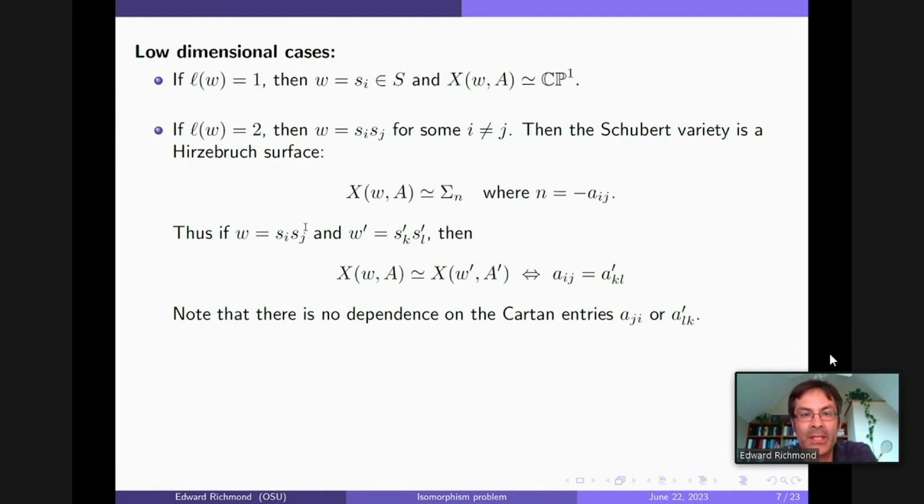In particular, they're going to be some P1 bundle over another P1, where you have this indexing integer n. This n is going to correspond to some twist in the fiber when you look at this P1 bundle over P1. But in terms of the Cartan data, it's actually quite easy to extract what this n could be in relation to Si times Sj. n is just going to be this negative Aij.